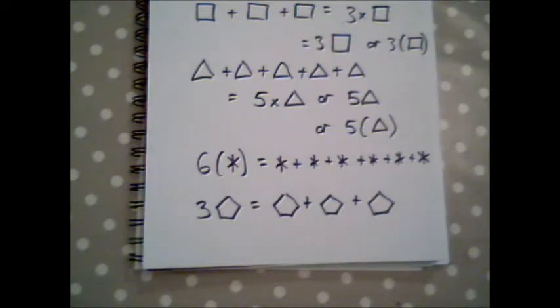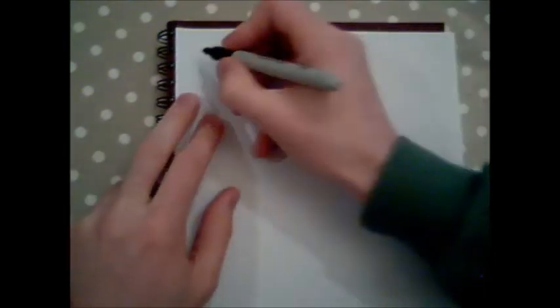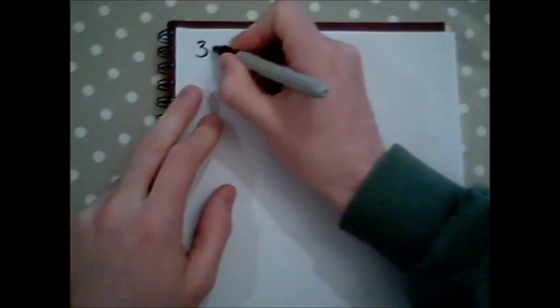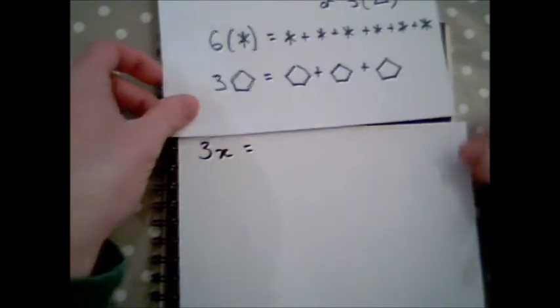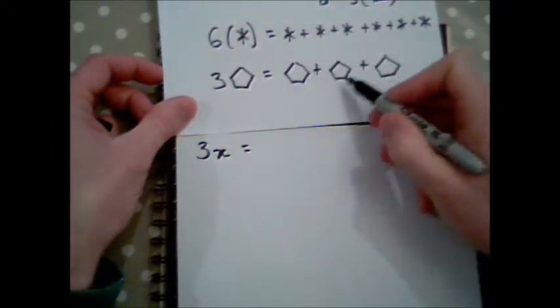What we're going to do now is the same thing, except instead of shapes we're going to use numbers. So we can ask ourselves here, well, what does 3x mean? Well, remember now, 3 pentagon was pentagon plus pentagon plus pentagon.